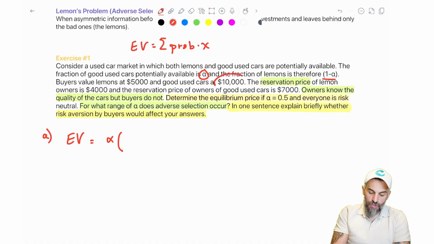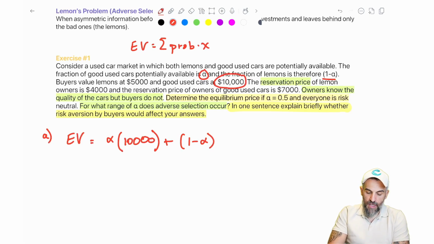We know that good cars are worth 10,000. Then 1 minus A is the probability of a bad car. We know that bad cars are worth 5,000.